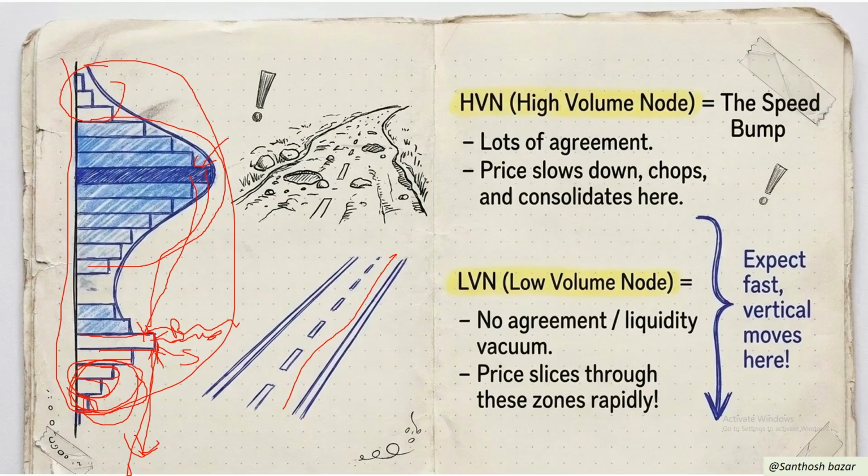Think of HVNs, high volume nodes, like a series of busy tolls. Let's assume this is a toll gate. Cars are entering this toll gate. Every car has to slow down, stop, pay, and then go out of this toll gate. So when all cars are coming at a time here, the queue line increases and the movement will slow down.